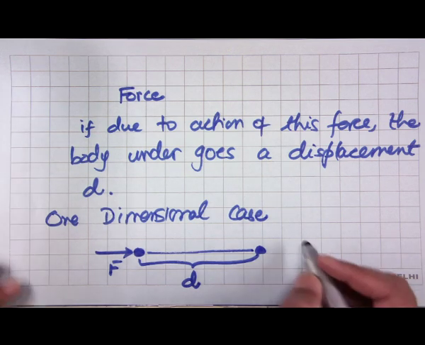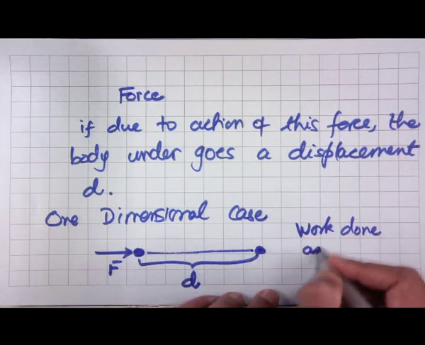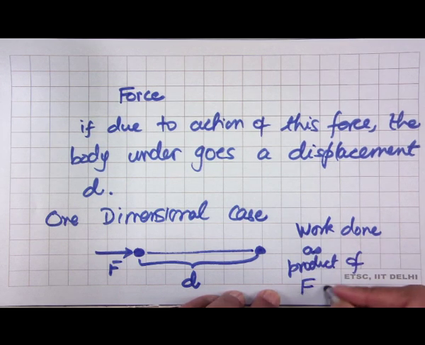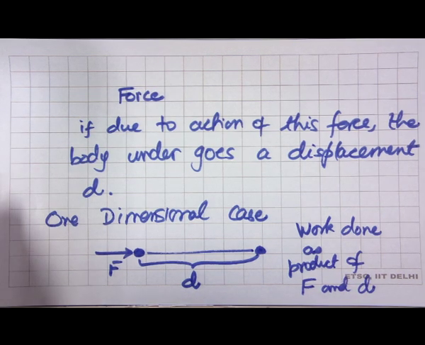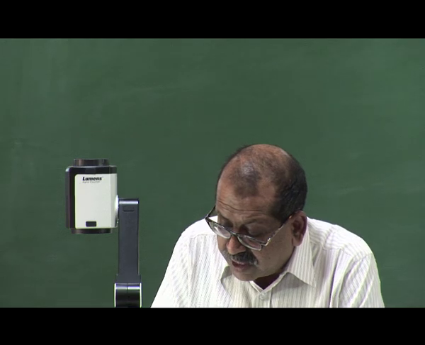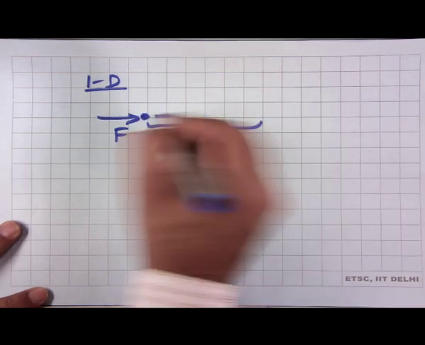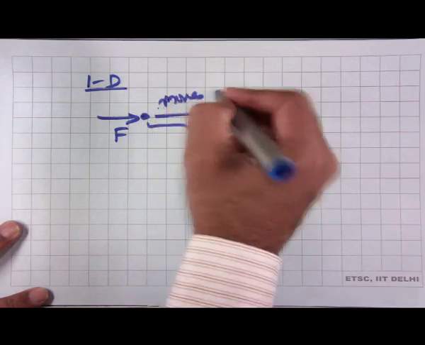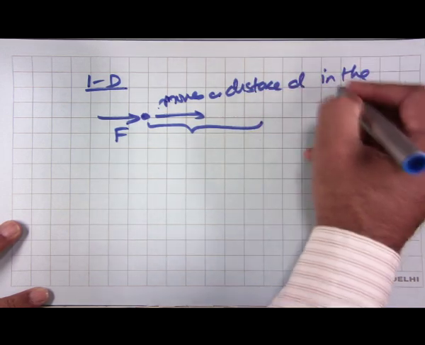So, we define the work done as the product of the force and the displacement d. So, in this case, we are talking of a 1D case, so force is in this direction, and because of this the particle moves a distance d in the same direction.